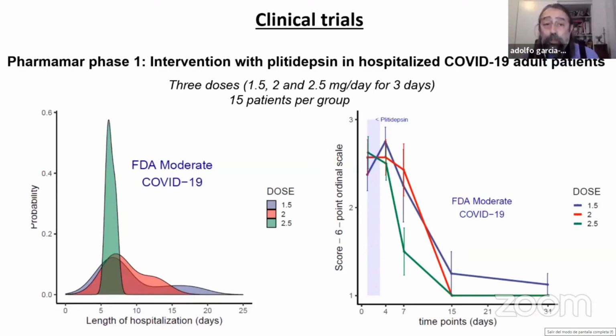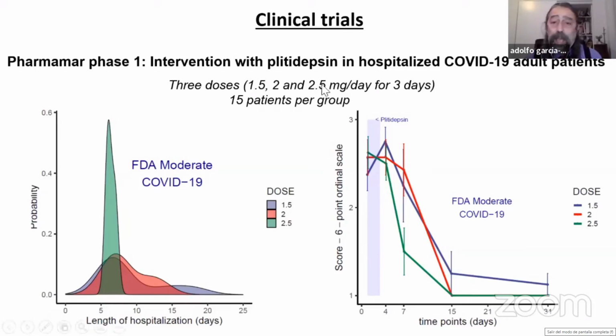We used a concentration of plitidepsin based on the concentration that we knew was working in mice, and it has a similar behavior in humans with respect to the concentration achieved in the lungs. There were only 50 patients per group, and no placebo, just 1.5, 2, and 2.5 mg per day for 3 days. So again, no side effects. And that was in patients at the moment of hospitalization.